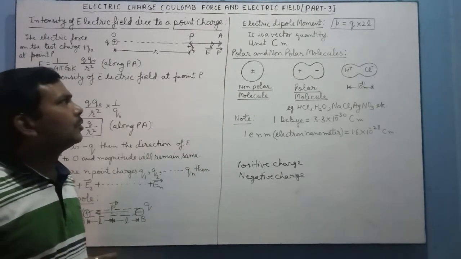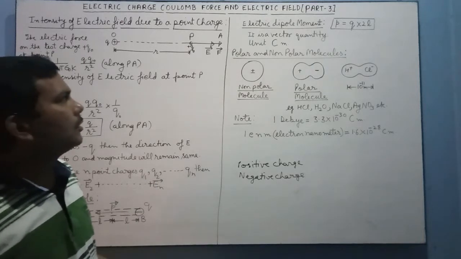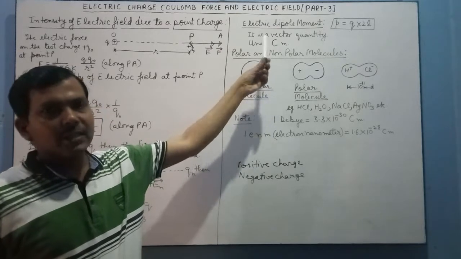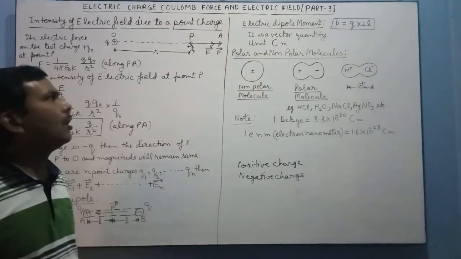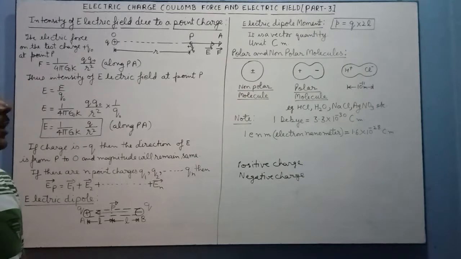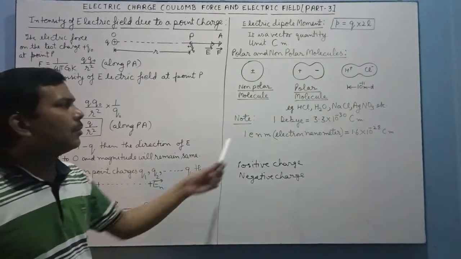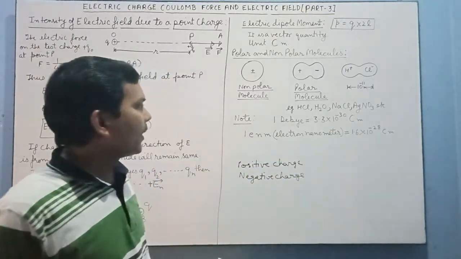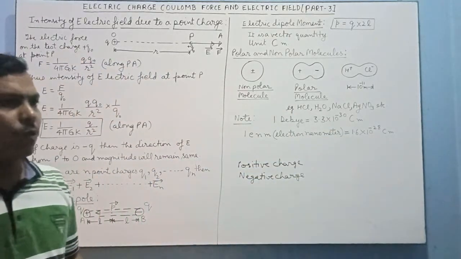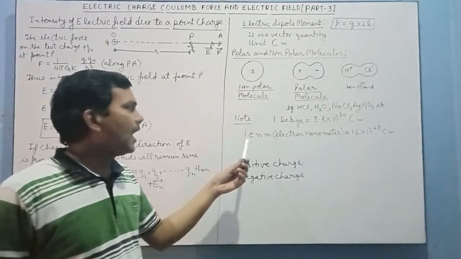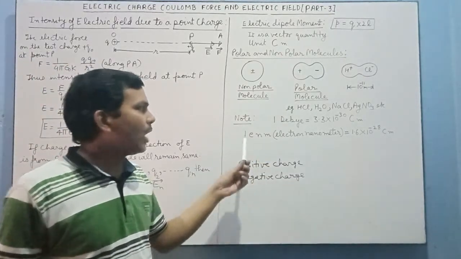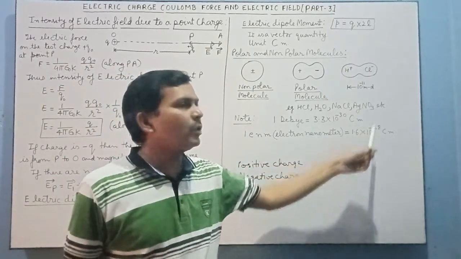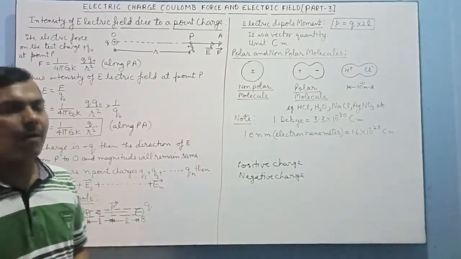I have told you the unit of electric dipole moment is Coulomb meter. There is another unit of electric dipole moment which is known as debye. One debye is 3.3 into 10 to the power minus 30 Coulomb meter, and also there is one more unit which is known as electron nanometer. 1 electron nanometer is equal to 1.6 into 10 to the power minus 28 Coulomb meter.